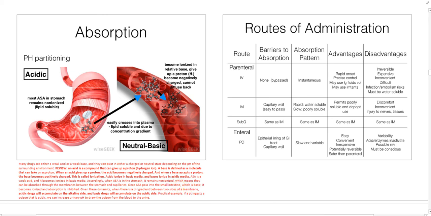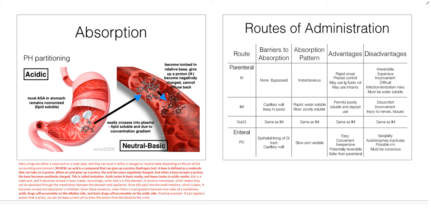Being that it is not ionized, because a weak acid put into an acidic environment is not going to give off a proton, they're going to stay in this place. They're not going to be ionized, which means they're readily going to be able to cross the membranes in the stomach, into the capillaries and into the cardiovascular system.